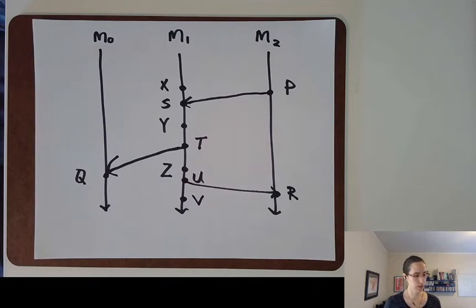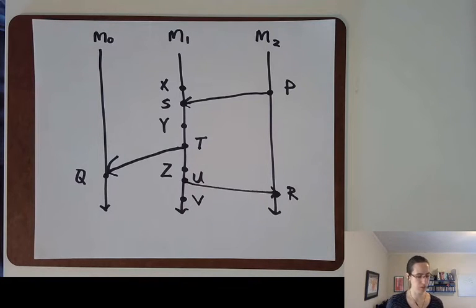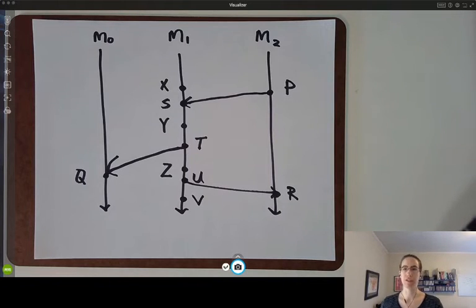Then S is a message receive, and Q is a message receive, and R is a message receive. Events like X, Y, Z, and V are internal events. Using this picture as a guide, let's try to come up with a general definition for when one event happens before another event.